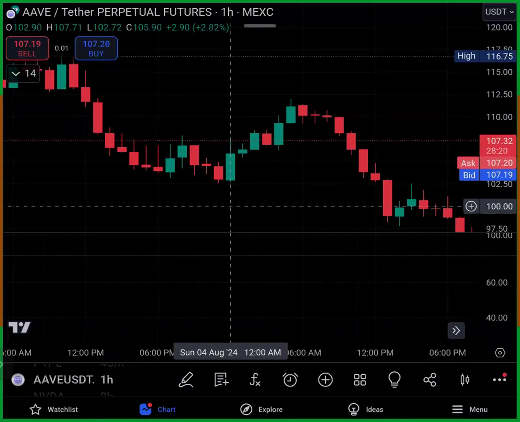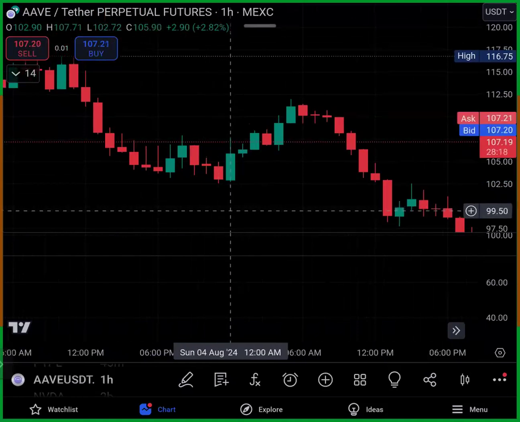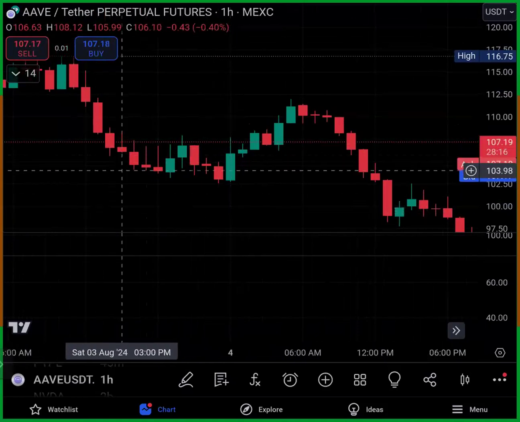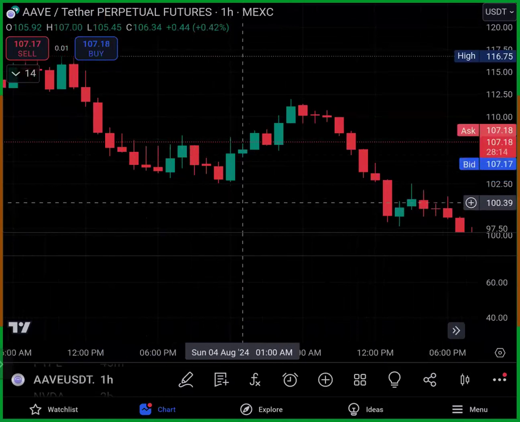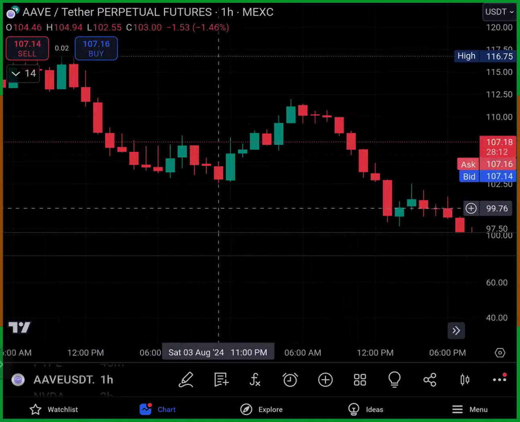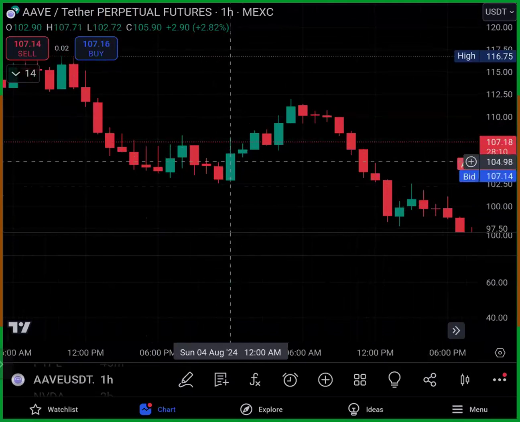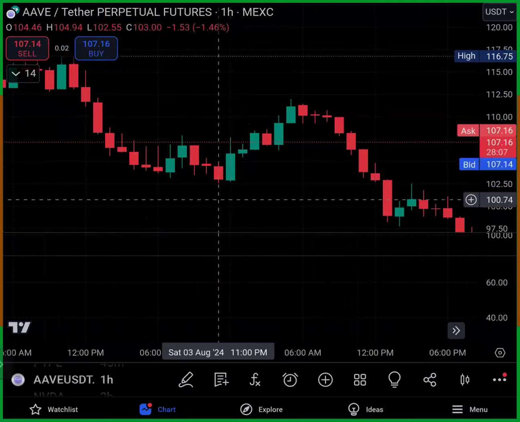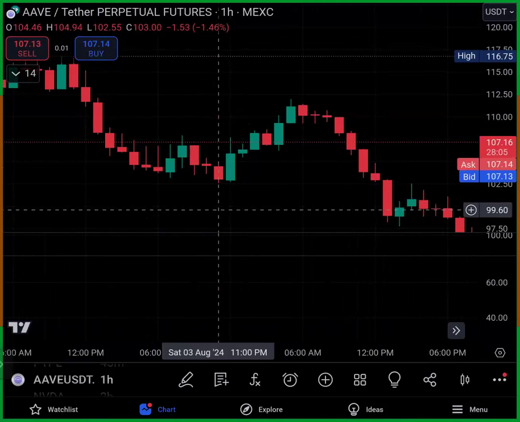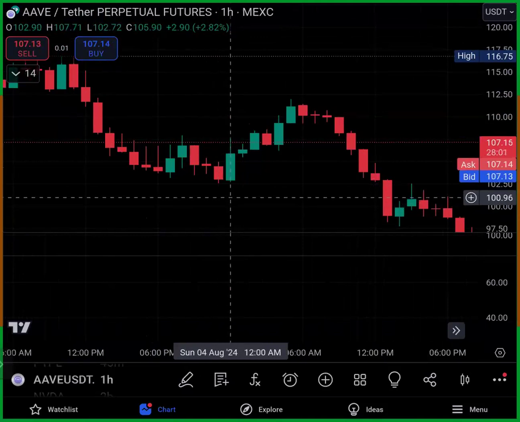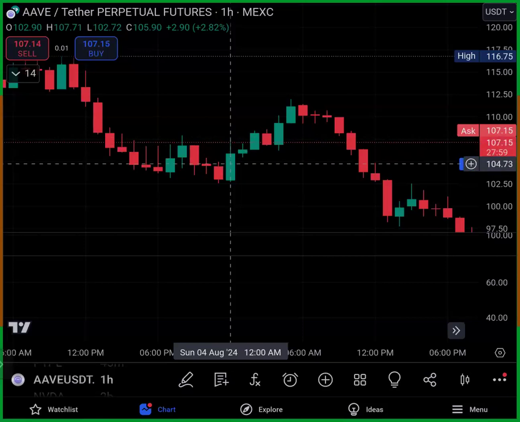So sometimes looking at these patterns, you'll be able to tell, if it's at the end of a downtrend right here, you have a lot of buying pressure. That means that over here, the sellers were getting weak. And then out came the buyers and started buying it up.